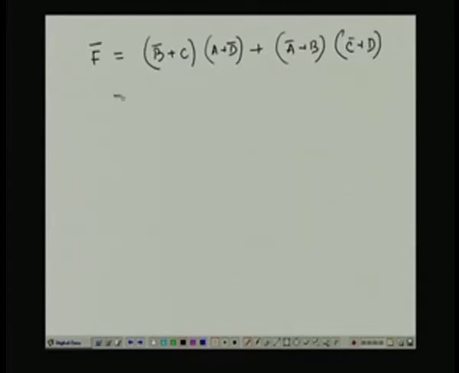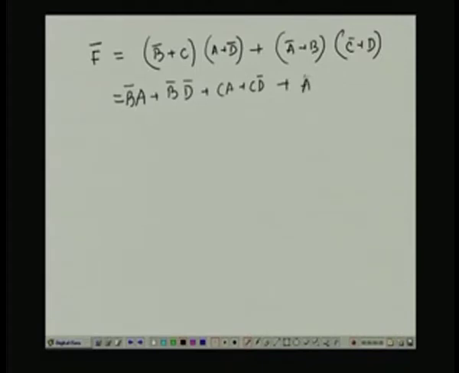Now, if we apply the distributive law, then this becomes B bar A plus B bar D bar plus C A plus C D bar.